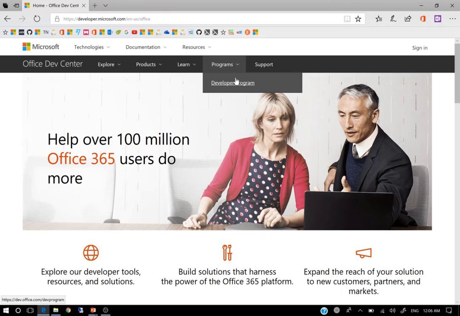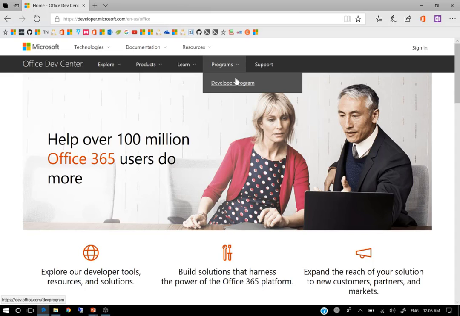Then there is a dev program. What happens when you write for Office 365? You definitely need an Office 365 tenant. You need to understand what tools are required, how to configure them, how to set them up, and then, for individual products, what things you need to do.